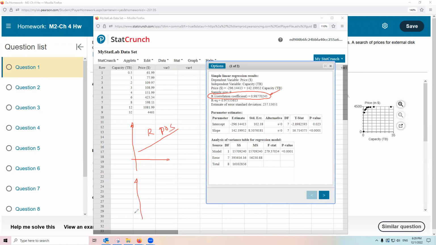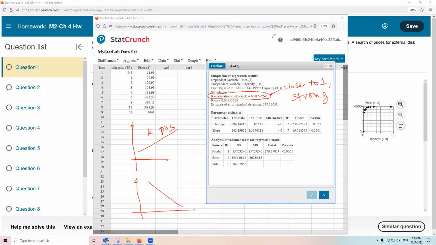If this R number had been a negative number, that would be telling me the correlation is going downhill. Also, the closer this number is to 1, the stronger the correlation. So in our case, we have 0.987, which is a number very close to 1. This tells me this is a strong correlation. That means price correlates very well with capacity.